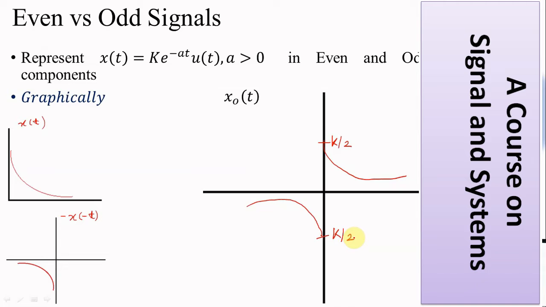But again, at t is equal to 0, there is a discontinuity because we are subtracting K by 2 from K by 2. So the resultant is, I will write it like this, more specifically, 0 here. There will be a 0 at the origin, which is also a general observation, because 90% of the times at the origin it should be 0 if it's an odd signal. So this is the odd part of the signal graphically.